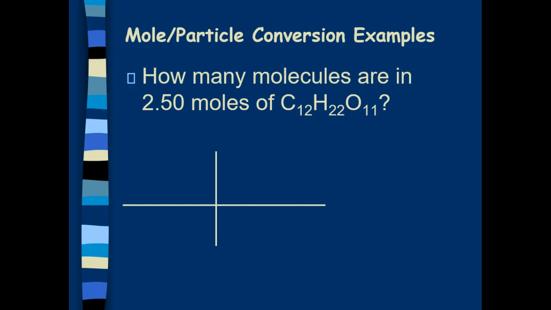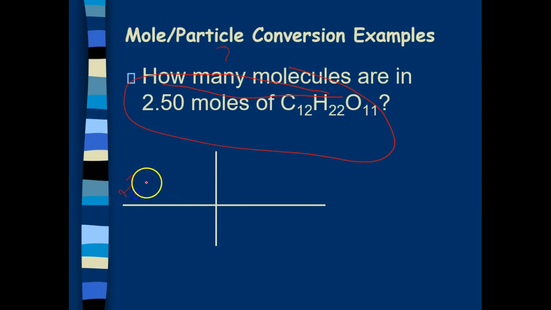Same as before: how many molecules are in 2.50 moles of C12H22O11? You circle what's given. You underline what you're looking for. Sorry about the circles, my pen is really hard to use sometimes.